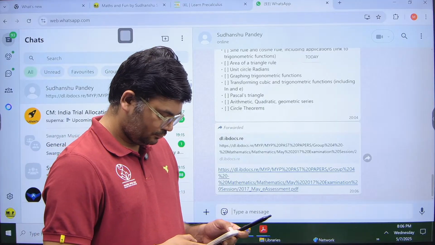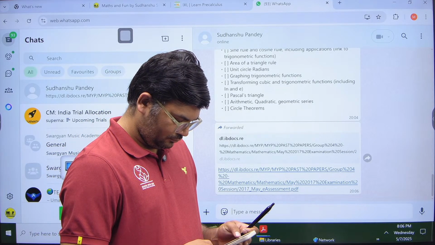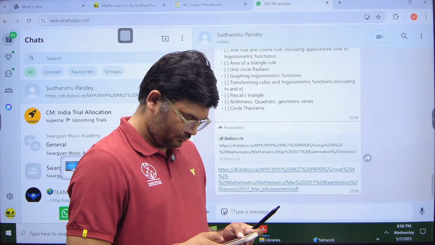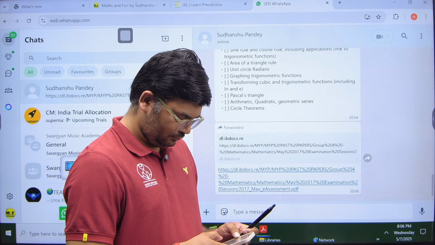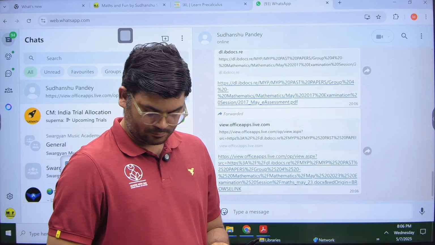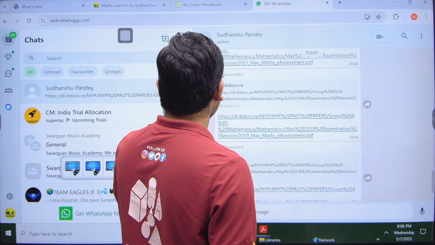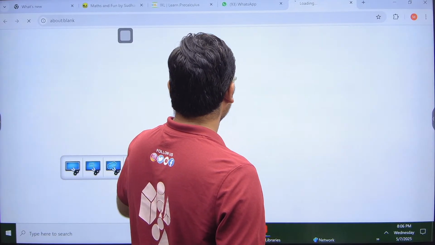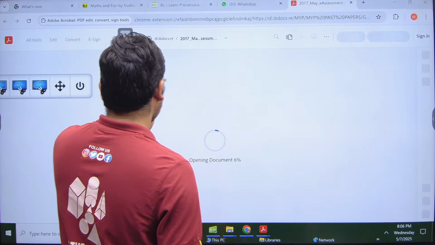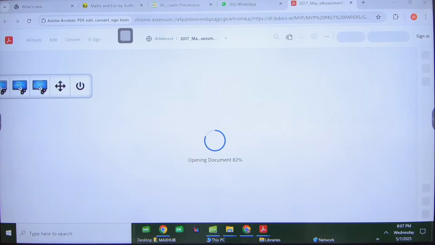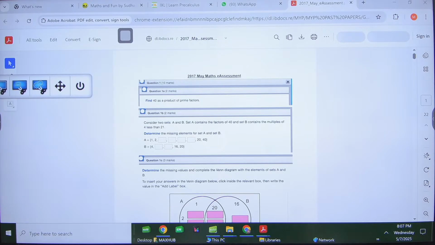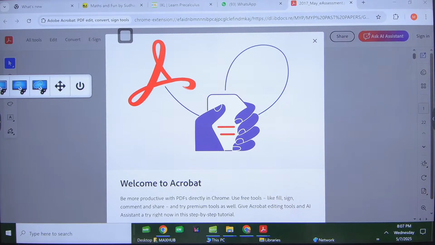Okay, I sent past papers, and now I'll share some quadratic questions that come from here. I will also do some GP questions.